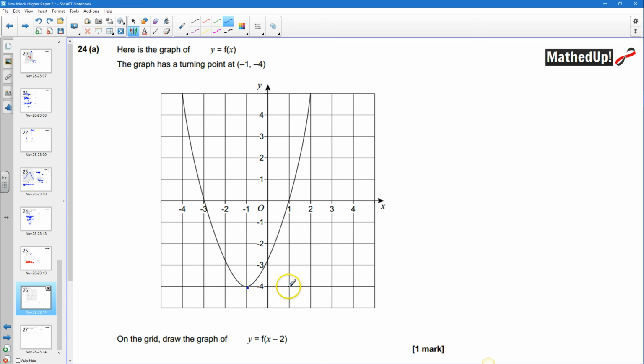So I think that minimum point is going to move to there, that point is going to move to there, and that's going to move to there, and all of these are going to move to the right, and I can join those up to make a parabola. Where have I gone wrong? Oh yeah. Join those up to make a parabola.